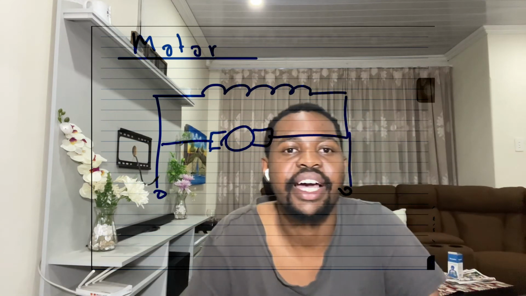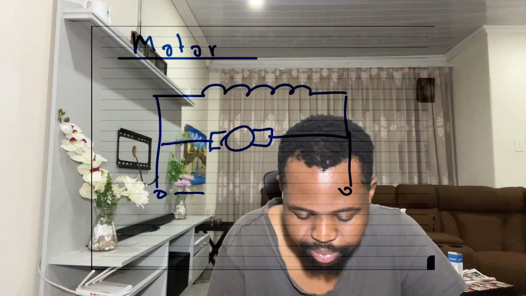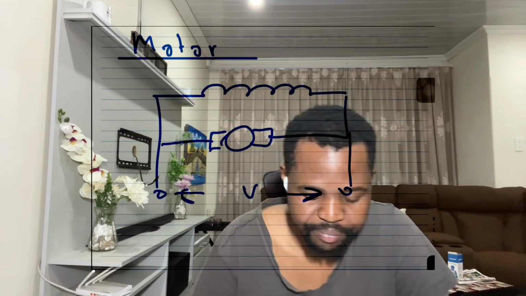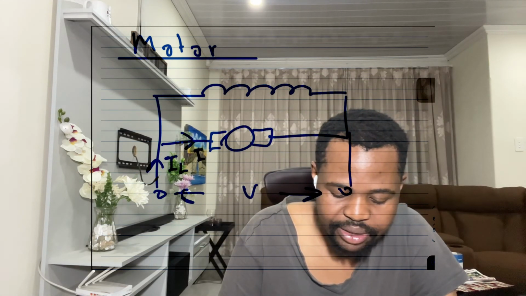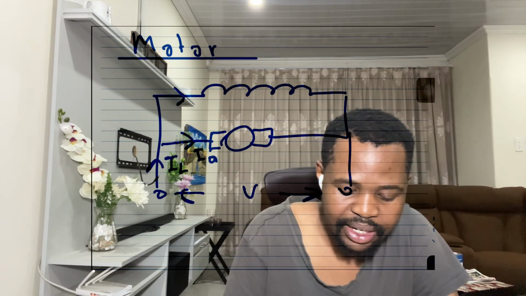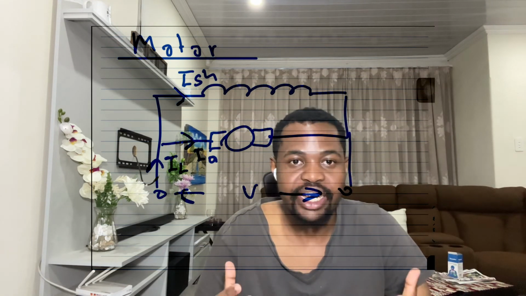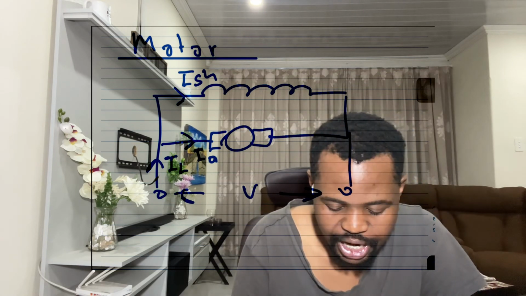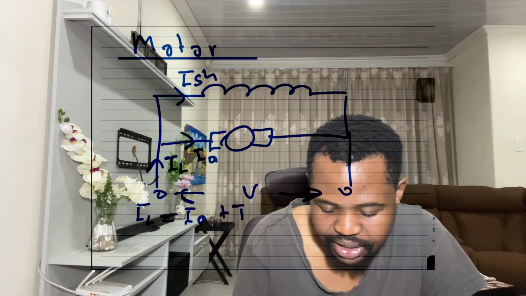Because it's a motor now, the source current is coming from the supply. Remember, a motor is supplied with electricity. And then there's I load, this is I armature, and this is I shunt. Notice, guys, the source current is the load current. Meaning I load is equal to I armature plus I shunt.